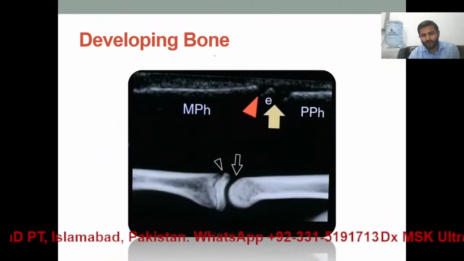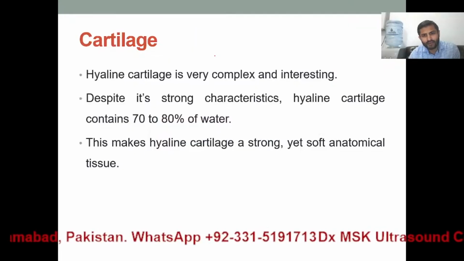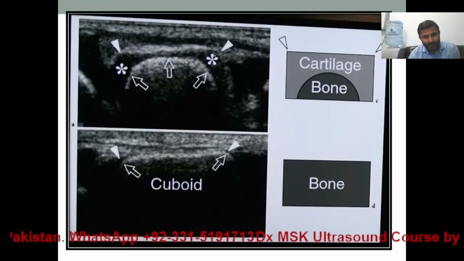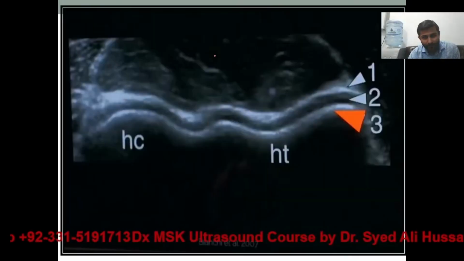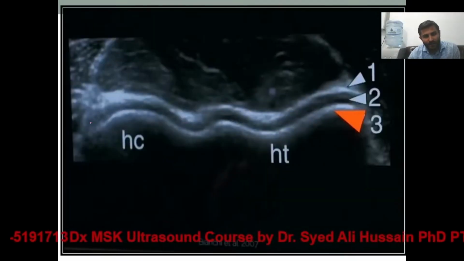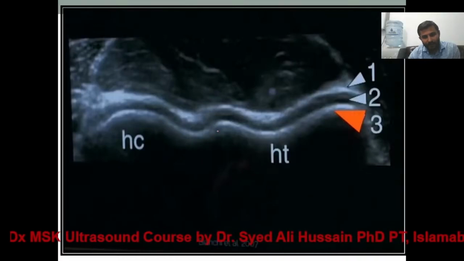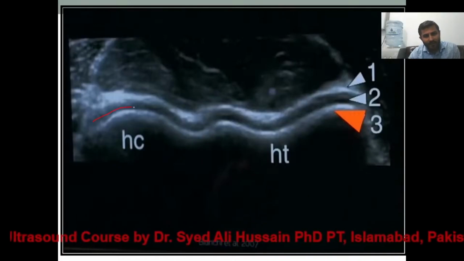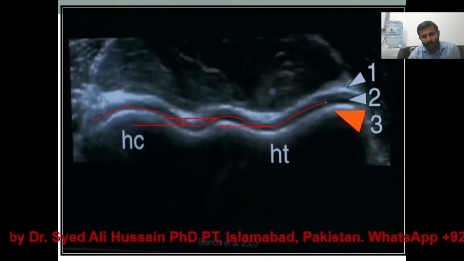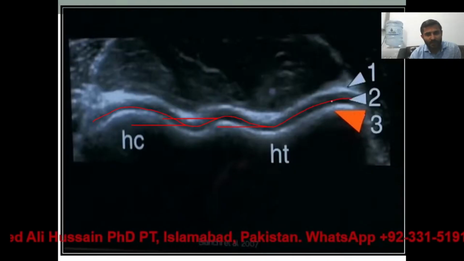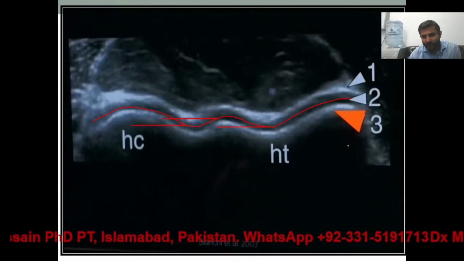Then you cannot see the developing bone, no need to do that. Cartilage, like I've told you before, is hypoechoic or black in color. So this is the elbow joint. In the elbow you can see capitulum, trochlea, and this black line is showing you the cartilage. Past the bone you cannot see anything.